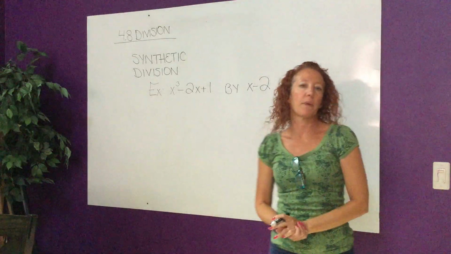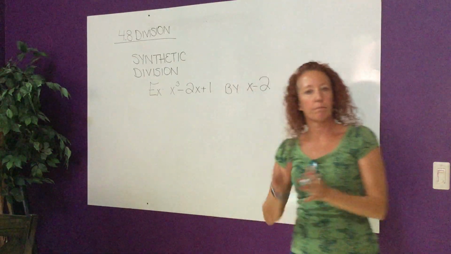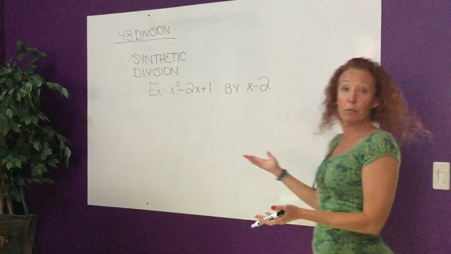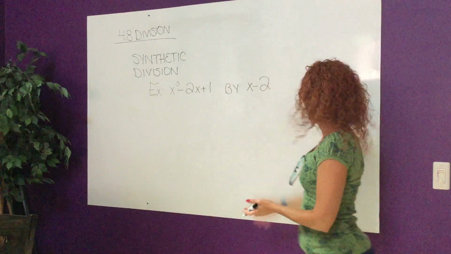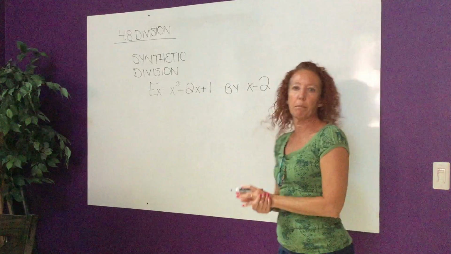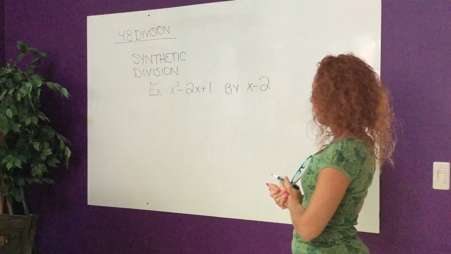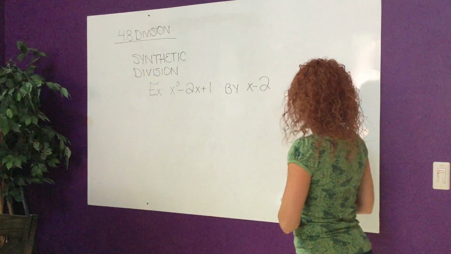I just randomly picked that. I just came up with something. I don't really know what the answer is. I know it's not going to work out nicely because I know the tricks about polynomials that you'll learn in college algebra. So I know this will have a remainder, so then I have an opportunity to show you that.